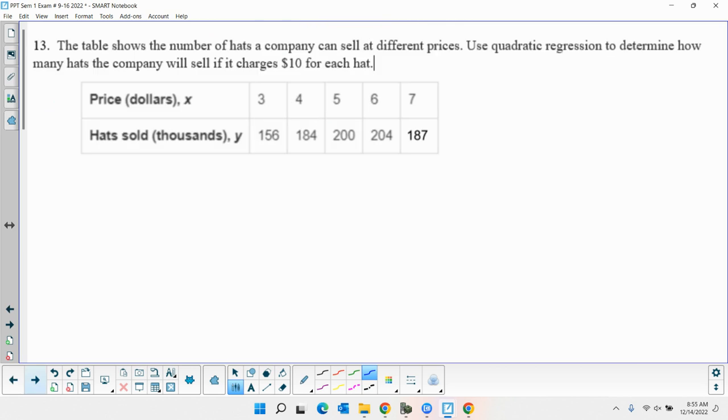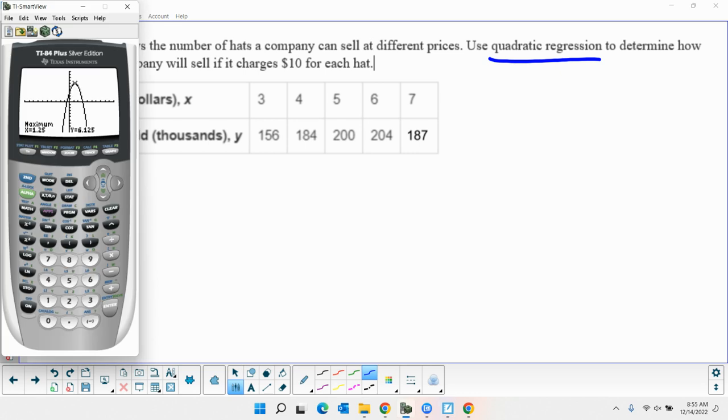All right, this one's just like yesterday, but instead of a linear regression, what is it? So we do everything the same we did yesterday in our list, stat, calc, but not number 4 now, it's number 5 because it's a quadratic regression. So we go to stat, enter for edit, and I got to clear my list to put the right numbers in.